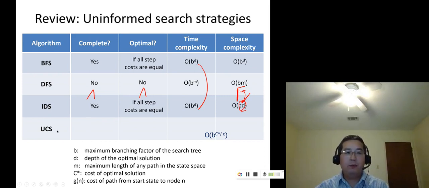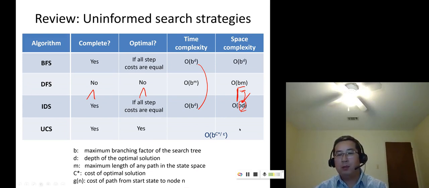And the uniform cost search is complete and optimal, and the time complexity is how many nodes have cost smaller than the optimal cost. So that's the number of nodes with g(n), that means their cost from the start initial node to the current node is less than C star.